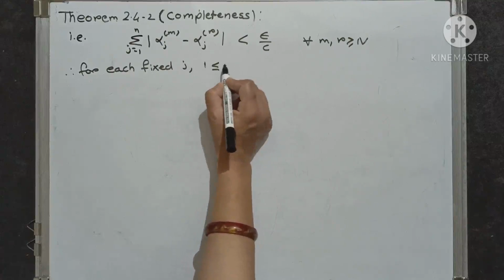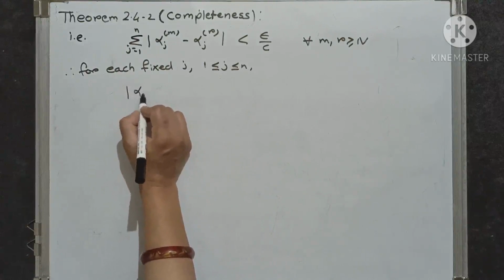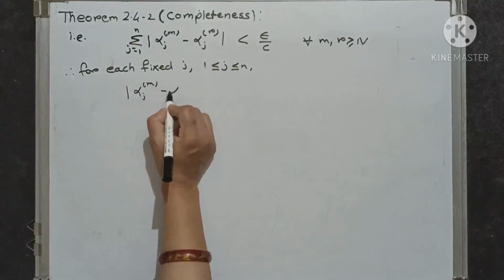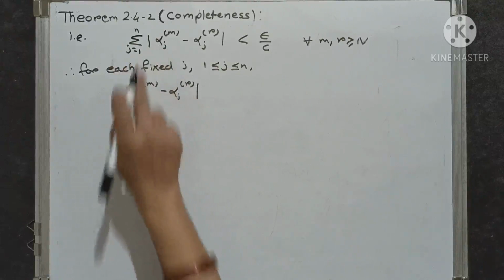for j between 1 and n, mod of alpha jm minus alpha jr is one of the terms of this summation.